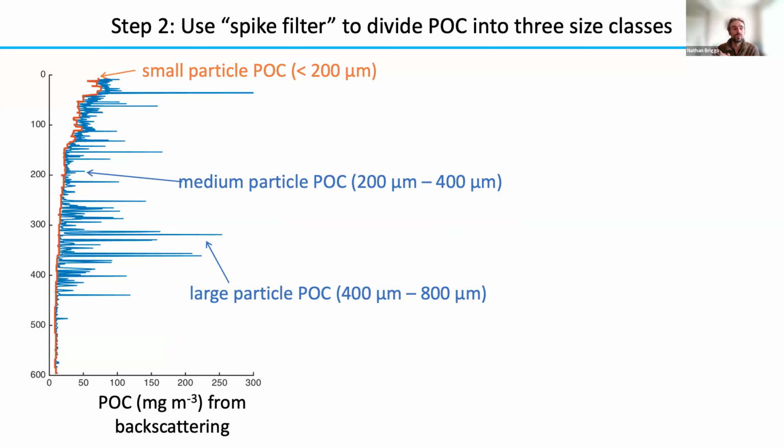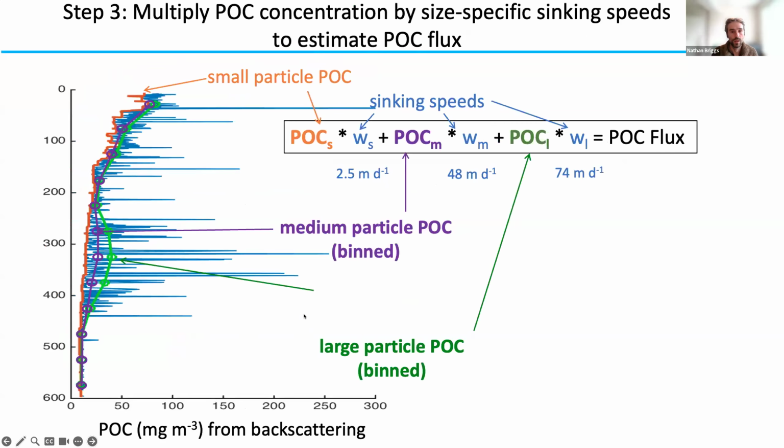Again, we're going to use our spike method to partition. Once we convert backscattering to POC, we partition that POC into three size classes based on the background, small spikes, and large spikes. And then we assign each of those fractions its own sinking speed based on literature values with their own uncertainties.